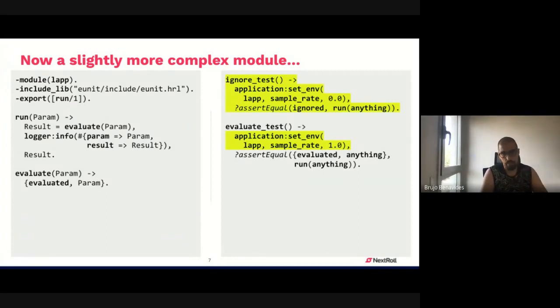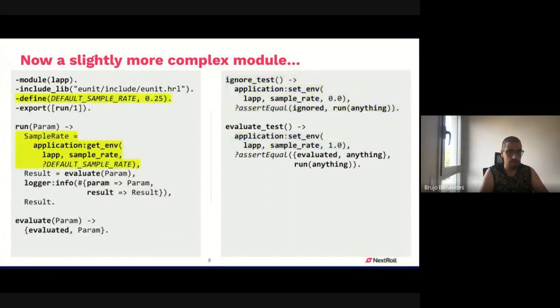So these tests, of course, fail, and to implement the code that makes them pass, you do something like this. First, add a macro for the default sample rate, in this case 25%, and then you retrieve that sample rate from the application environment.